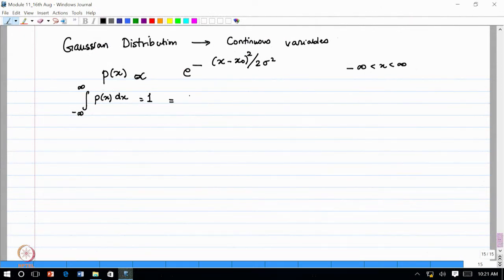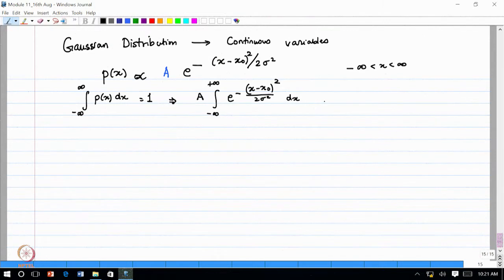This implies a, which is this factor that is there here, times the integral from minus infinity to plus infinity of e to the minus x minus x 0 whole square divided by 2 sigma square dx. Okay, this is a Gaussian integral.